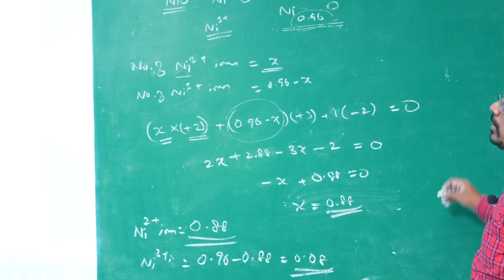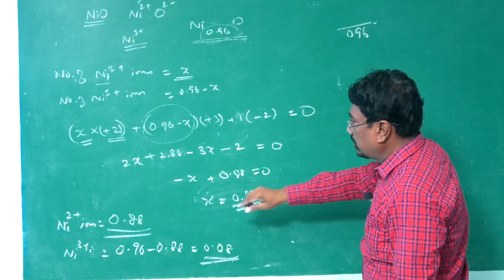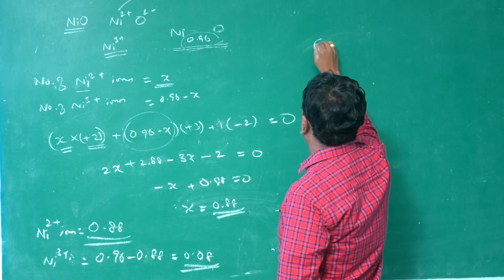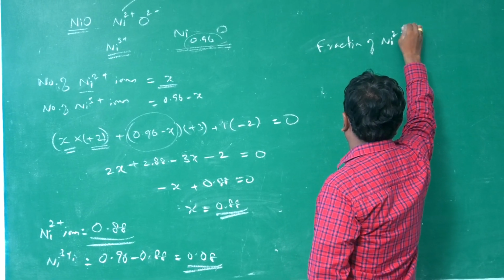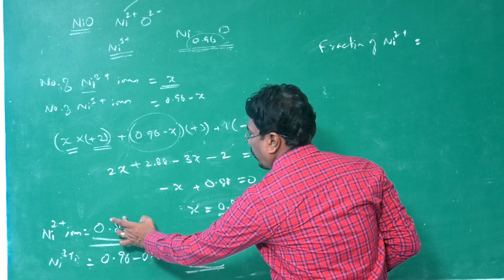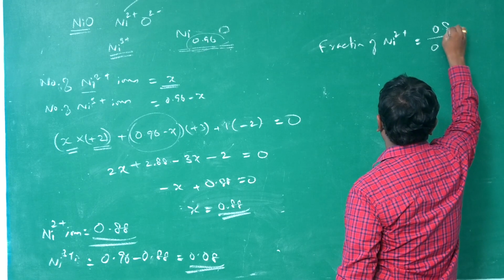Out of 0.96, the fraction of Ni2+ is 0.88.